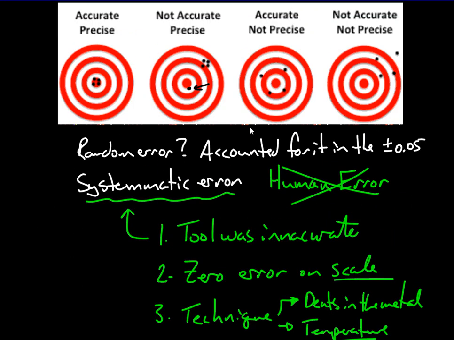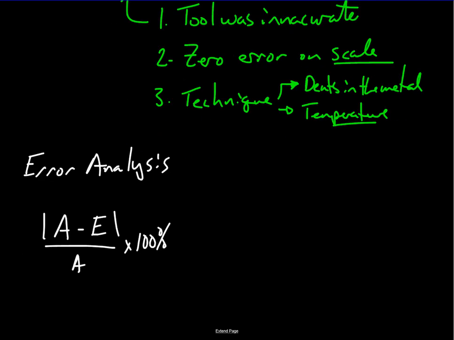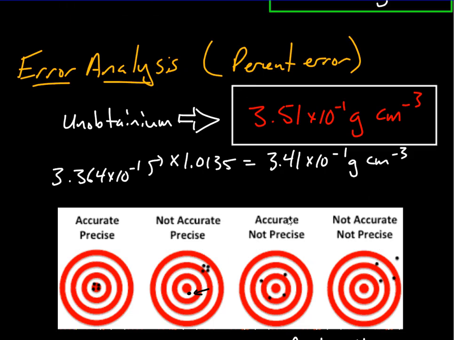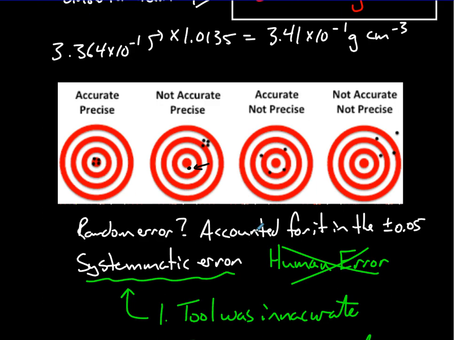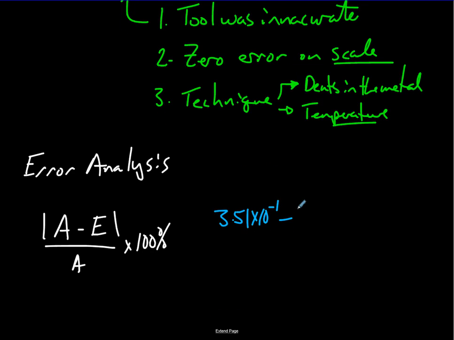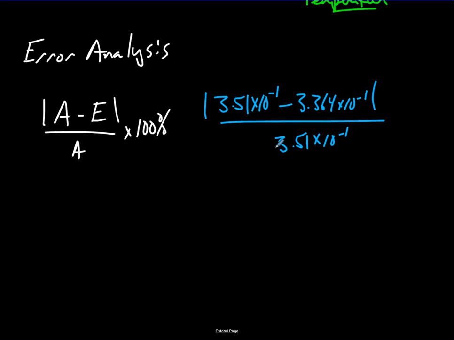So if I go up to here, my actual value, 3.51 times 10 to the negative 1 minus 3.364 times 10 to the negative 1, absolute value, divided by the actual. All the units here are grams per cubic centimeter.